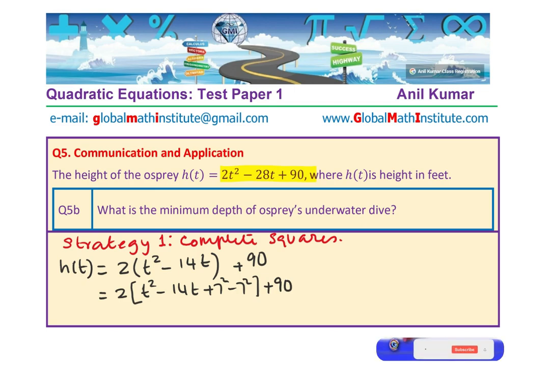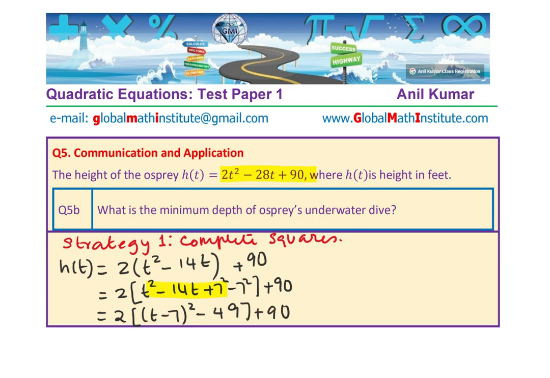Adding and subtracting the same terms does not really change anything, and this is the process of completing the squares. So that gives us the first 3 terms as a perfect square, which can be written as t minus 7 whole squared, and we have minus 49 here plus 90. Now we can write it on this side.